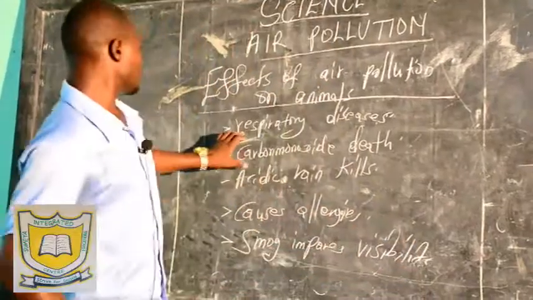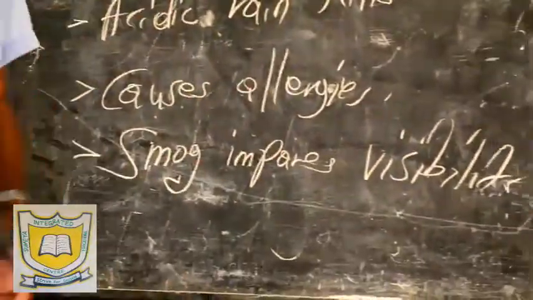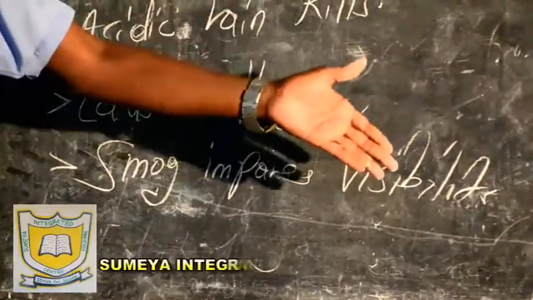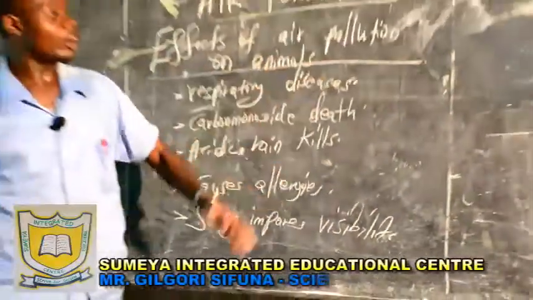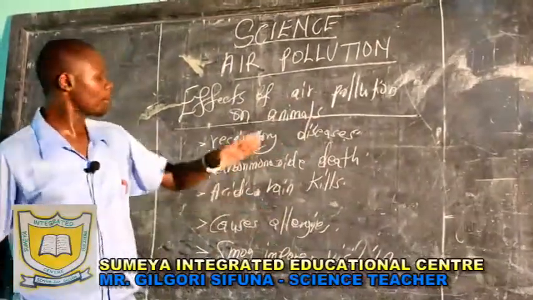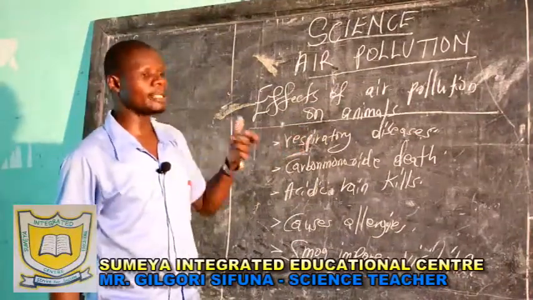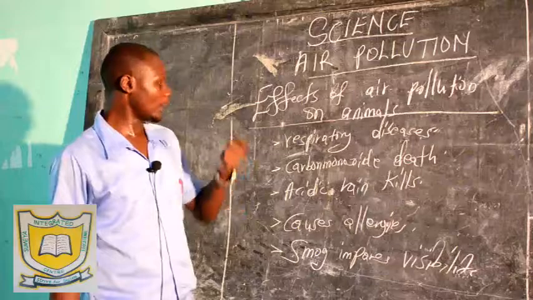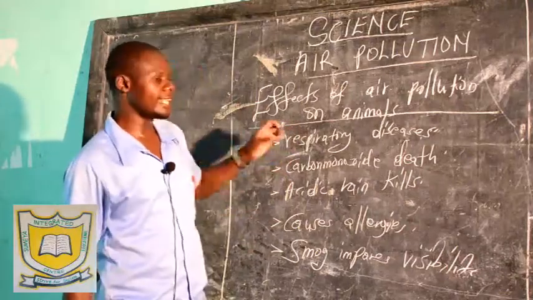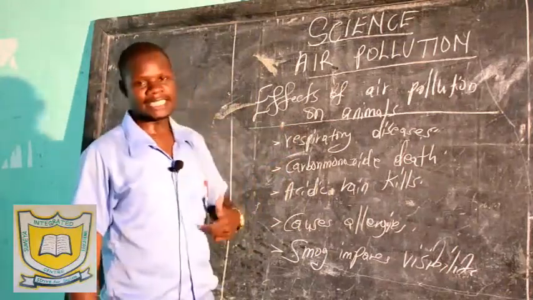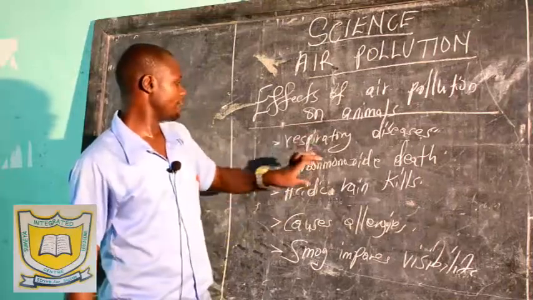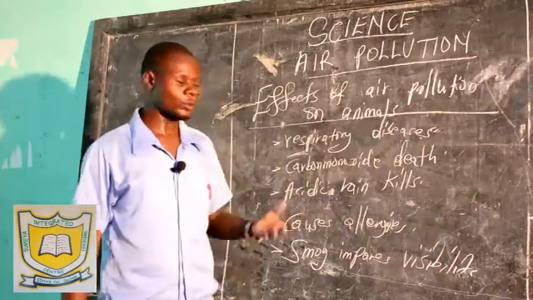Now, let's talk about respiratory diseases. We have discussed so many emissions: smoke, soot, carbon dioxide, carbon monoxide. We are breathing all of those, so as you breathe it, and also other animals, you find that the breathing system is affected. So there are so many respiratory diseases.